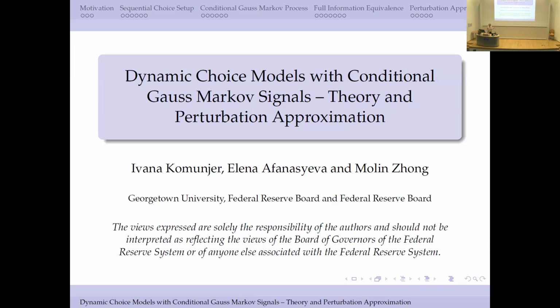We'll call the signal structure conditional Gauss Markov. I hope you cannot recognize this name because we invented it. And if you can recognize it, that's very bad news, and send me the reference so I can be aware of it. Anyway, I will try to explain what these conditional Gauss Markov processes are.